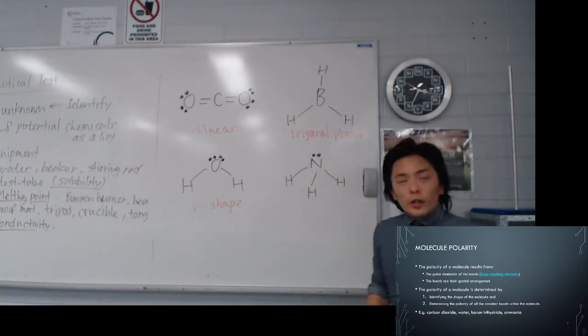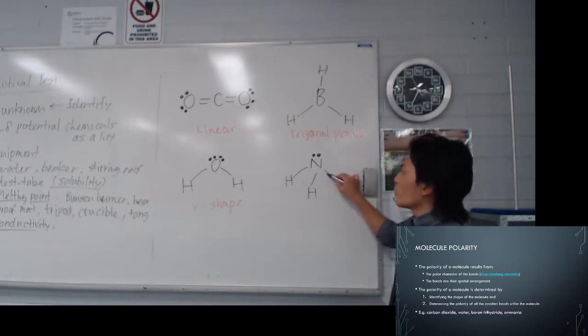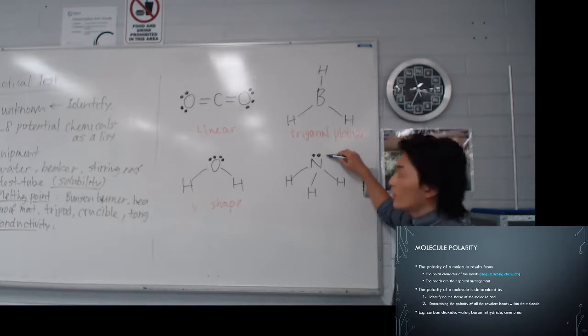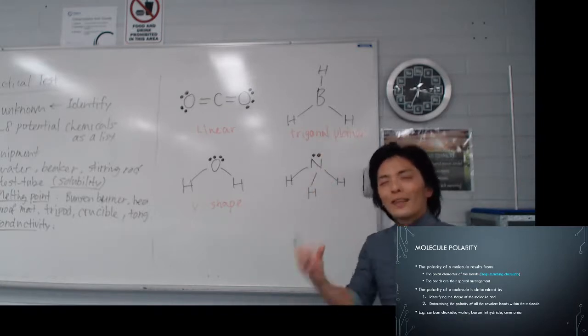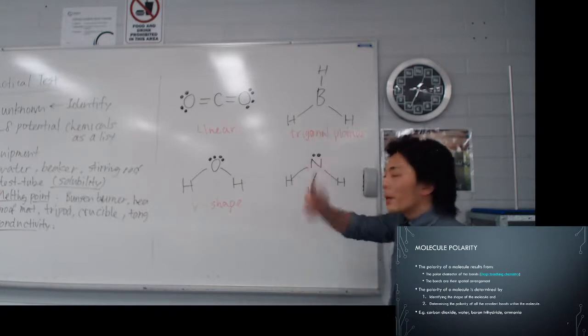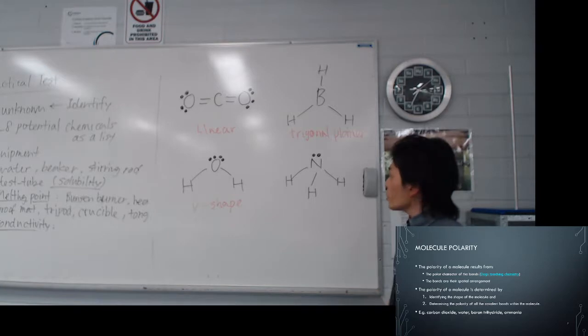How about ammonia, NH3? Nitrogen has 1, 2, 3, 4, 5 electrons. So one electron pair would be sticking up, which will push down the other 3 bonds. So it would have a pyramidal shape.